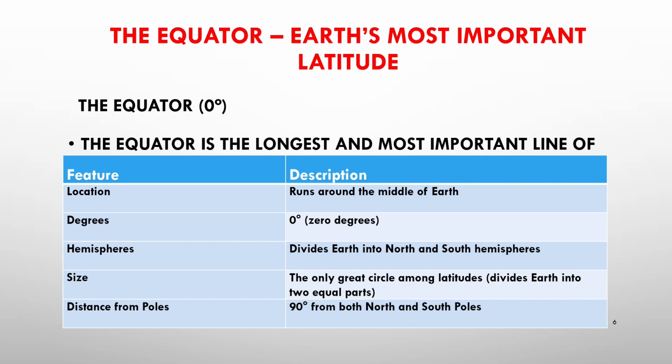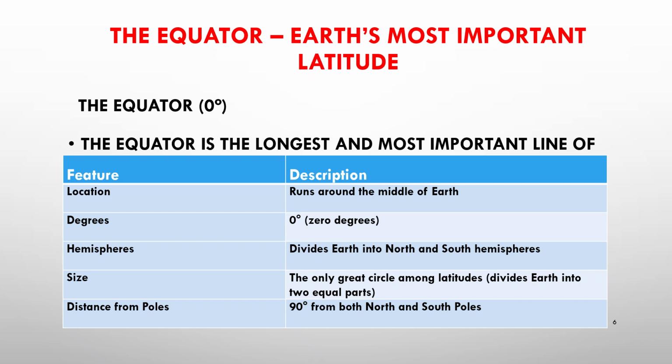What then is the equator? The equator, with a value of 0 degrees, is the longest and most important line of latitude on Earth. Let me highlight its key characteristics. Location. The equator runs around the middle of the Earth, encircling the planet at its widest point.